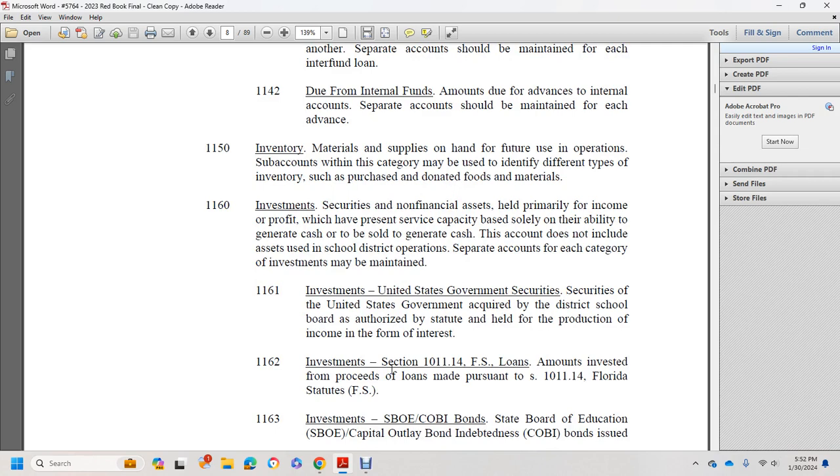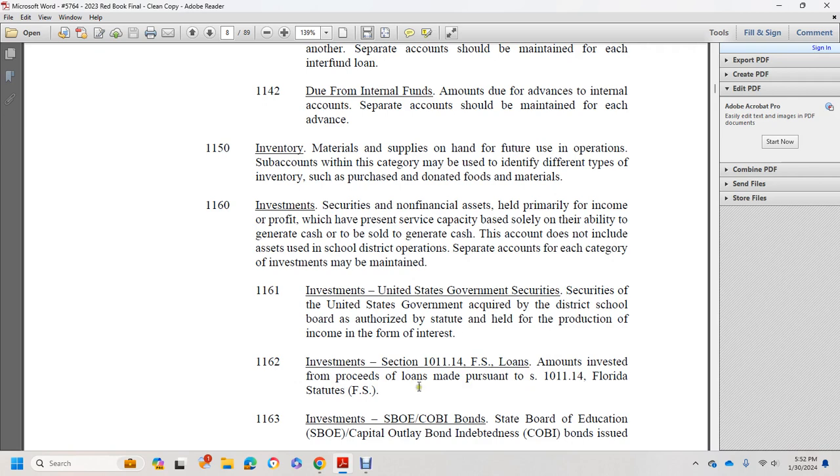1161, Investments, United States Government Securities. United States government securities acquired by the district school board, so authorized by state law, held for the production of income or interest. 1162, Investment, Section 1011.14, Florida State Loans.